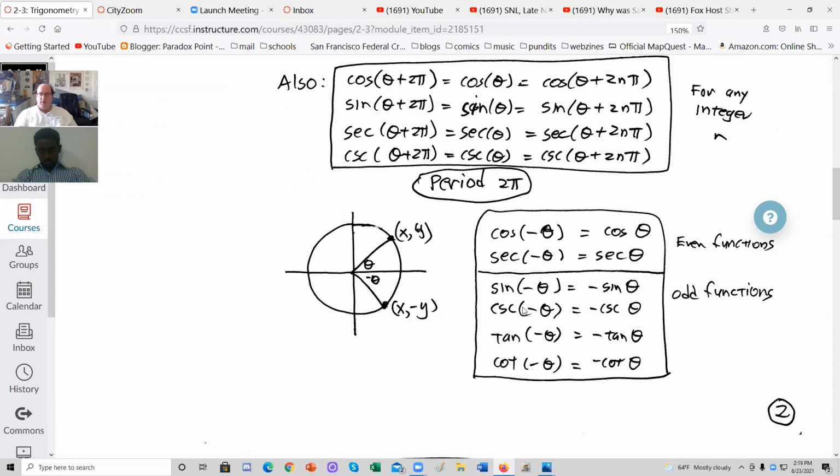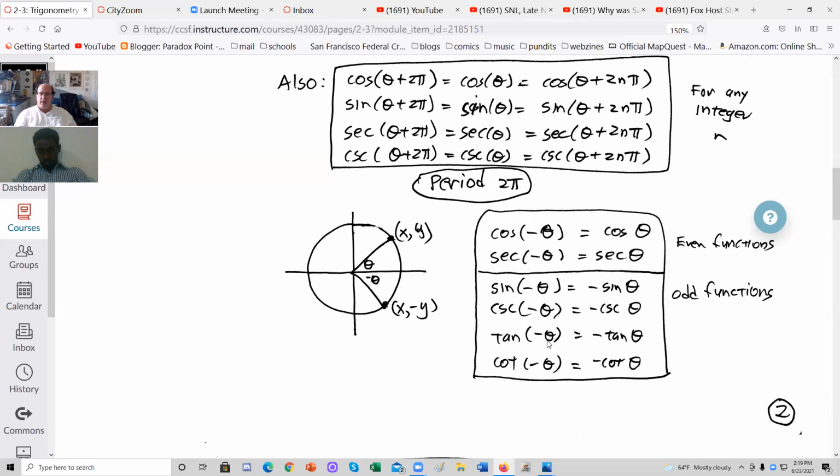Cosecant is reciprocal sine. So taking reciprocals, you get the cosecant of negative theta equals negative cosecant theta. Tangent and cotangent are sine over cosine and cosine over sine. We take negative theta. The sine flips, but the cosine doesn't, so the ratio becomes negative.